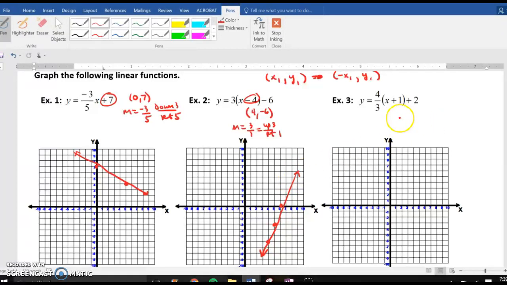And the last one here, the opposite of 1 is -1. My y value is 2. So I'm going to plot (-1, 2). Now my slope here is 4/3. Since it's positive, I go up 4, then I go right 3. So up 1, 2, 3, 4, right 1, 2, 3, plot my point, and graph the line.